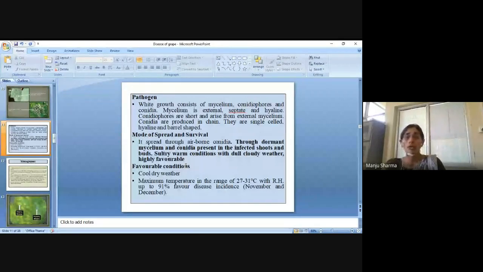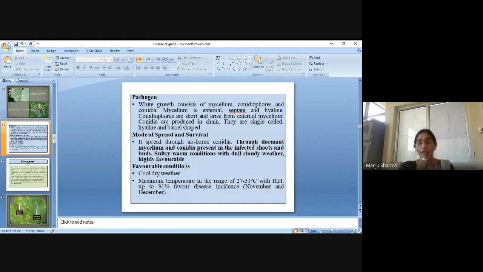Through the dormant mycelium and conidia present in the infected leaves or the infected shoots and buds. Sultry warm conditions with dull, cloudy weather are highly favorable. So whenever cloudy weather will be there, at that time the pathogen will be spread.